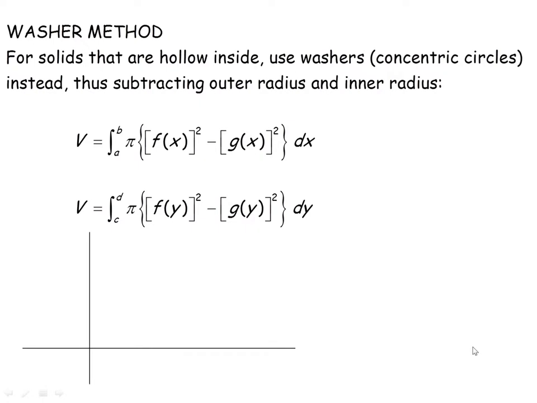Again, I will tell you which axis you're revolving about. So, of course, if you're revolving about the x-axis, you're here. If you're revolving about the y-axis, you're here. That's not going to change. All right. And on your cheat sheet, you can see you have an R sub x region and an R sub y region. The hardest part about these is figuring out which function is going to come first.